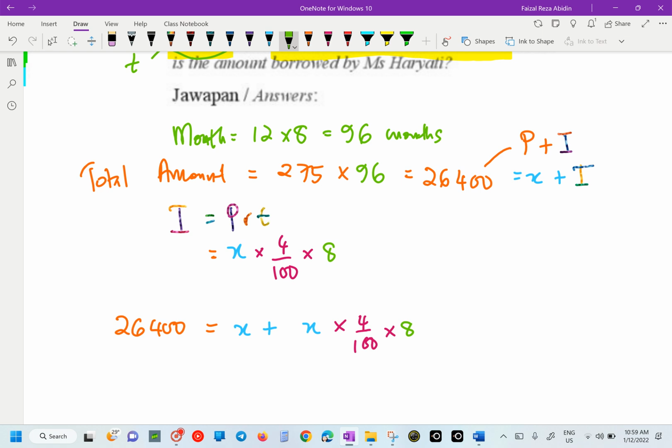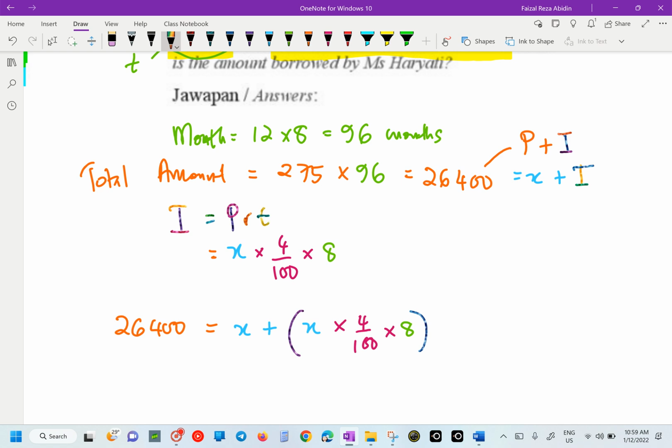If I just write like this, I'm sure you are going to say, why not X plus X? This part here is going to be our interest. So what should I do here? Can we simplify 4 over 100 times 8 first?